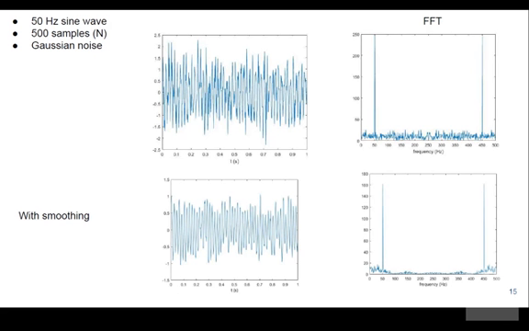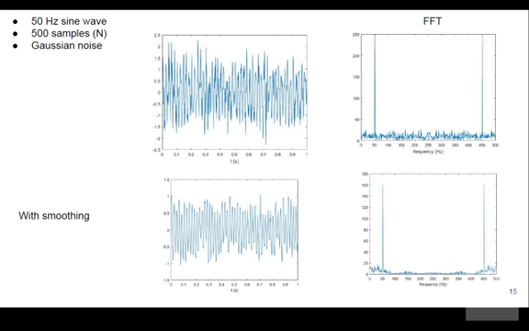If we do the one-dimensional fast Fourier transform on that, here's our frequency spectrum. We have these two big peaks, and then some contribution at all other frequencies, which is due to the Gaussian noise. By transforming this signal into frequency space, we're able to extract the underlying frequency of the signal.